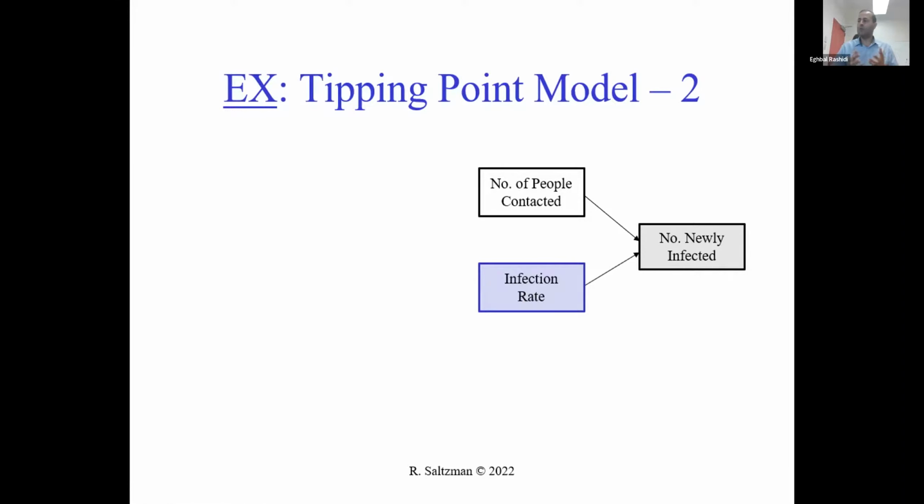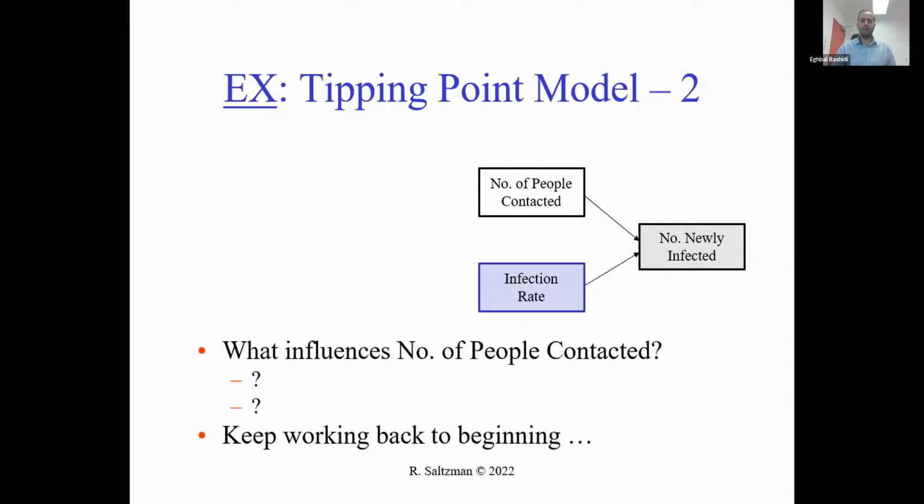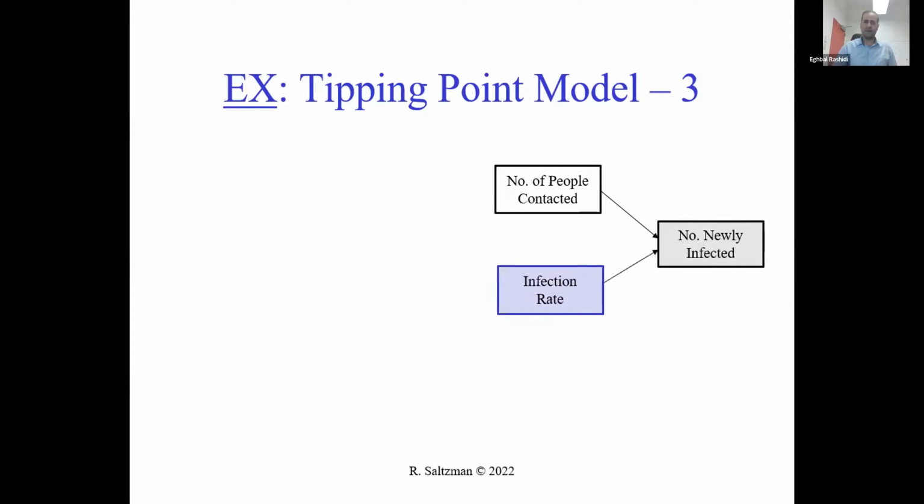Now we have to figure out the rest. First of all, nothing changes the infection rate. It's a constant value, so we're going to forget about that for now. Nothing goes into it, but we have to figure out the dynamics of the number of people contacted. What's going to impact that? We work backward from there as well.